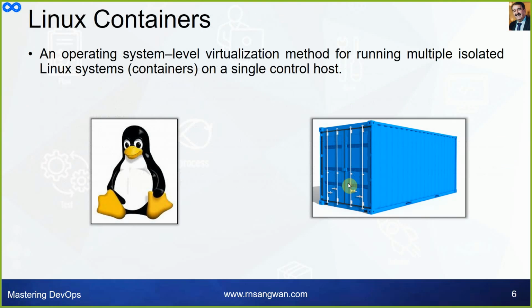Containers. What is a container? Containers are represented by these shipping containers. Why? Many people never try to understand the reason, but I have a reason for it. Shipping containers are used because across the globe, any shipping container you see, you will find the same standards.